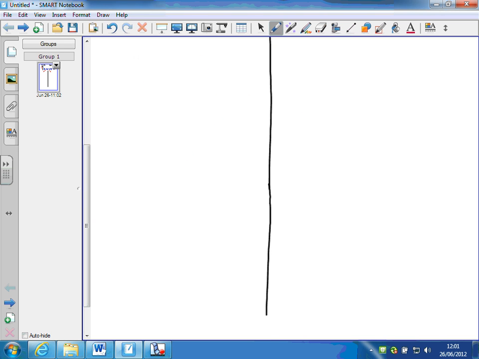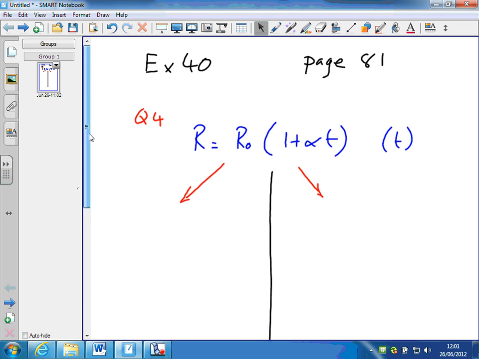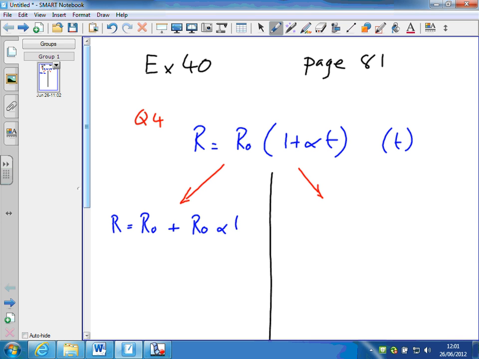So multiplying out the brackets, R equals R0 plus R0 alpha t. Multiplying both terms inside the bracket by R0. Remember, we're after getting t on its own, so see if you can carry on from there.